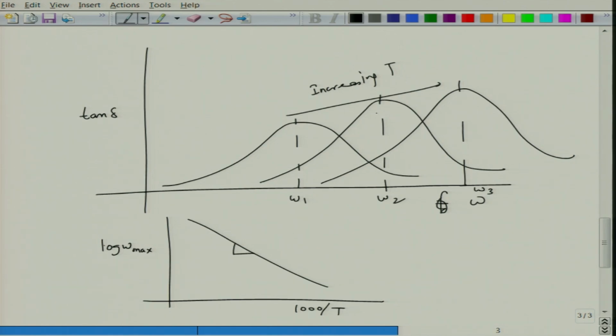The maxima of these plots as a function of temperature will give you a behavior which is basically omega is equal to omega naught exponential minus Qa by kT. So, essentially one can determine the activation energy of migration or dipole relaxation when you do temperature dependent measurement of dielectric properties. So, this is very useful.